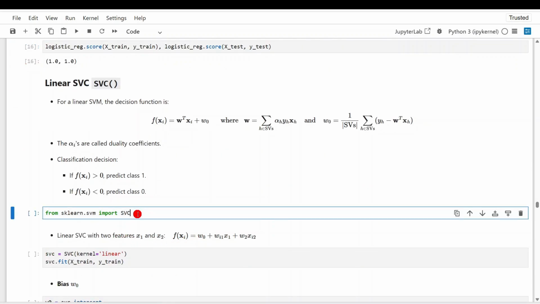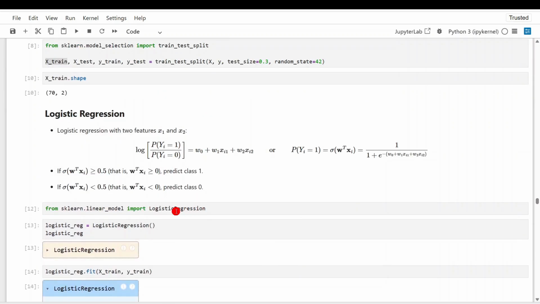So now let's import this support vector classifier method from sklearn SVM. We need to import SVC from sklearn SVM. But as we saw before, logistic regression and linear regression are imported from sklearn linear model because they are specifically linear with respect to the covariates included, since they are intrinsically a linear function of the covariates.